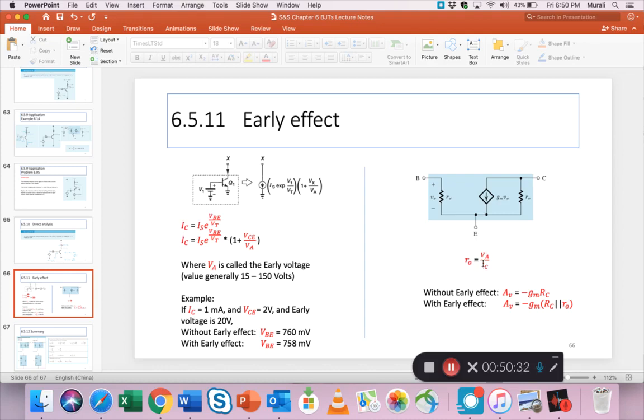So that ratio then gives you two different magnification or gain factors, one without, one with, and you see that depending on the size of that resistance, it can cause an impact. Okay, so I just wanted to introduce this idea to you that the early effect has some bearing, has some impact on small signal analysis, but we're not going to do too many problems.